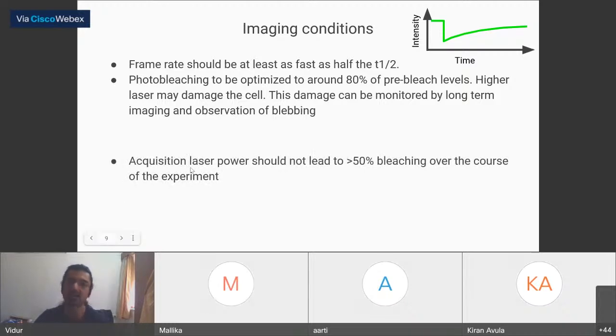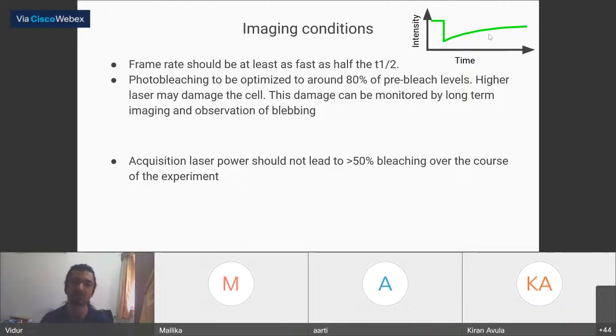The third is that acquisition laser power should not lead to greater than 50% bleaching over the course of the experiment. If you don't do photo bleaching, just because of the laser or lamp power shining on the cell, you will have a certain amount of acquisition photo bleaching within the cell, because of which the intensity reduces over time.